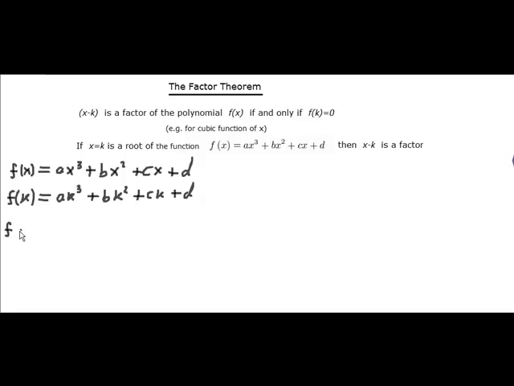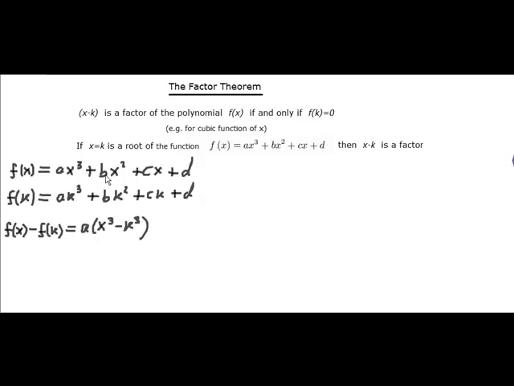You get f(x) minus f(k). And we can do this quickly by subtracting in columns. So subtract these columns first. It's ax cubed minus ak cubed, and we can take out the a all in one step. a is common, so we get a into x cubed minus k cubed.